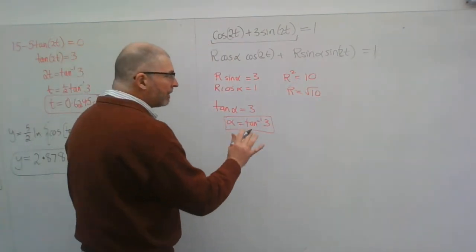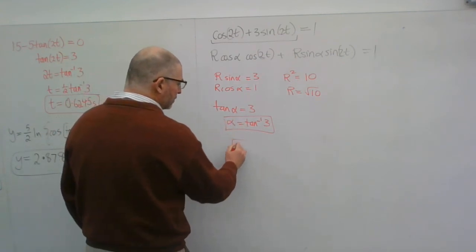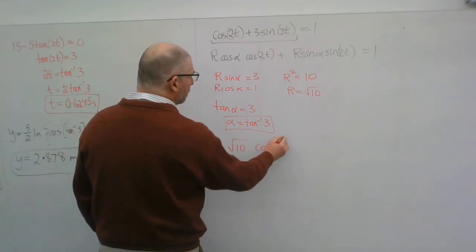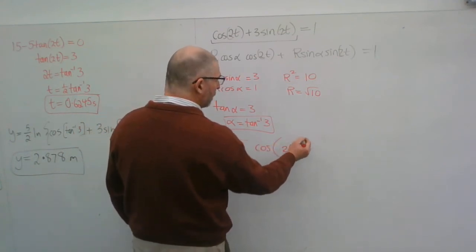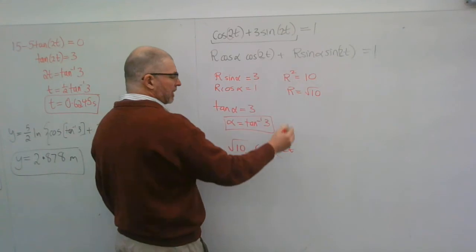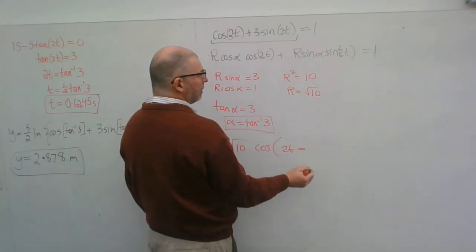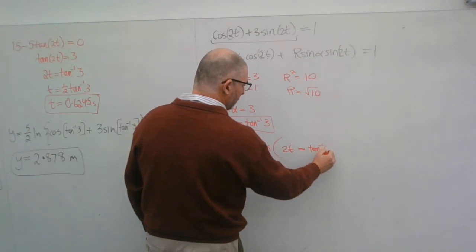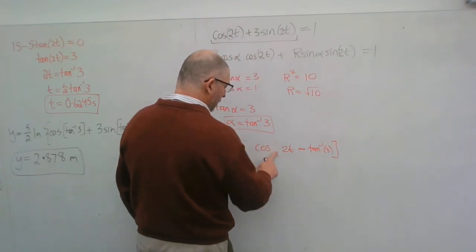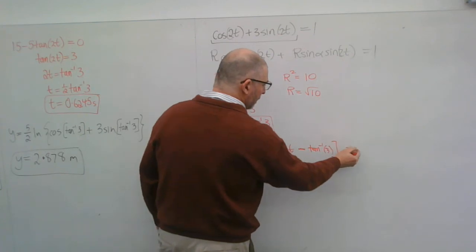So we're able to say that root 10 cos of 2t, now, it's a plus, so it's actually a minus in there, minus inverse tan of 3, is equal to 1.